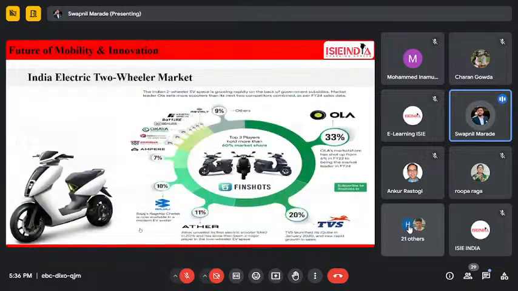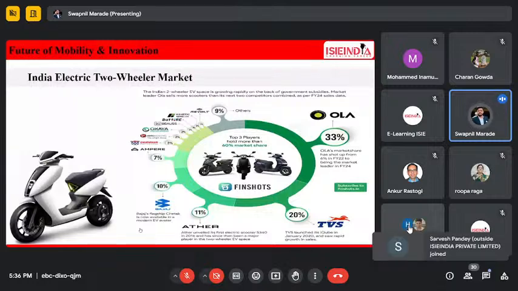If we talk about the Indian electric two-wheeler market, the top three players hold more than 60% of the market share. The first is Ola at 33%, TVS at 20%, and Ather at 11%. So these top three players hold more than 60% of the market share, right?